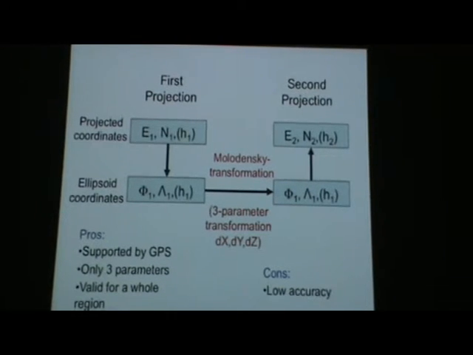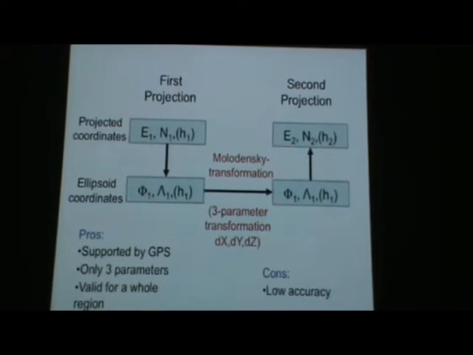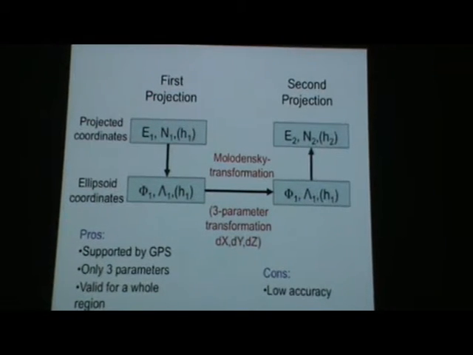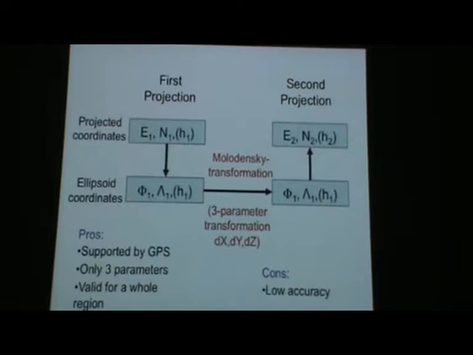You transform the projected coordinates into ellipsoid coordinates. You have a 3-parameter so-called Molodensky transformation to transform from the ellipsoid coordinates of one system to another, and you transform back using the second system's projection equations to the projected coordinates.